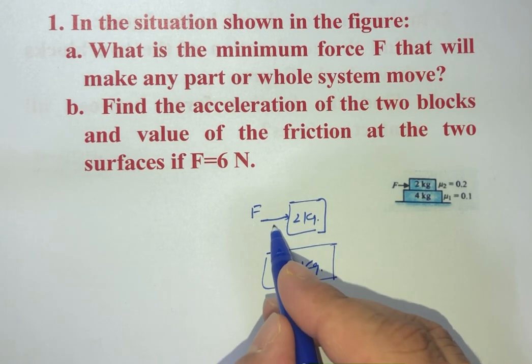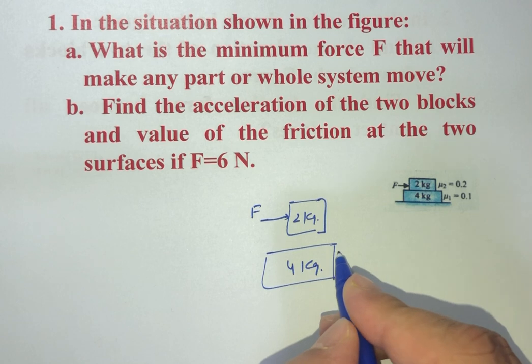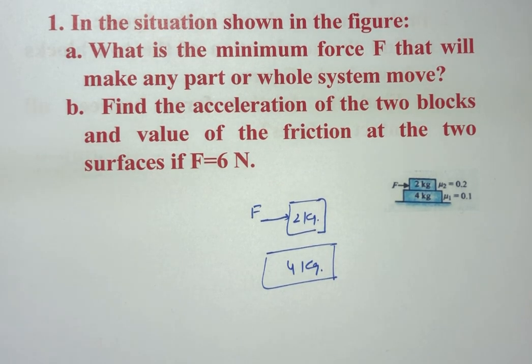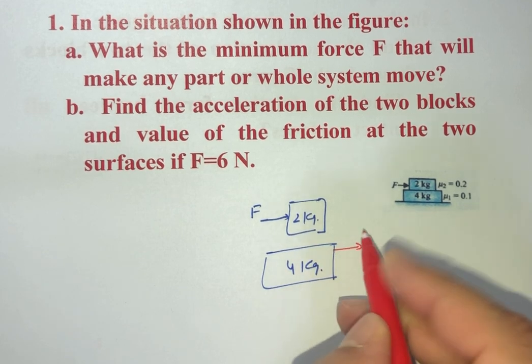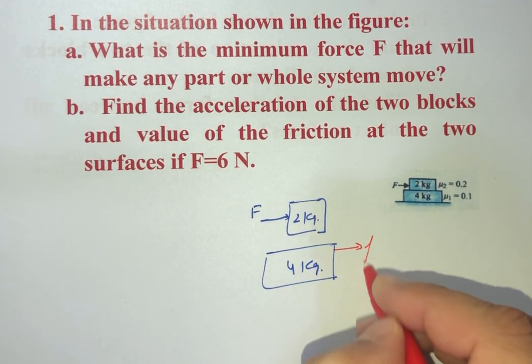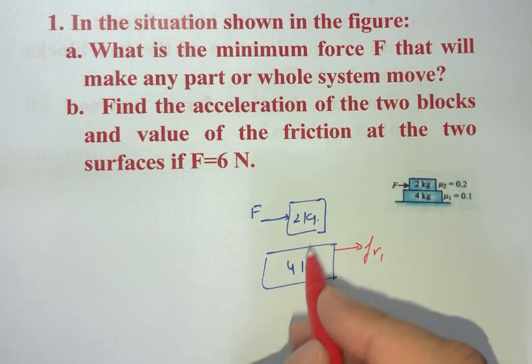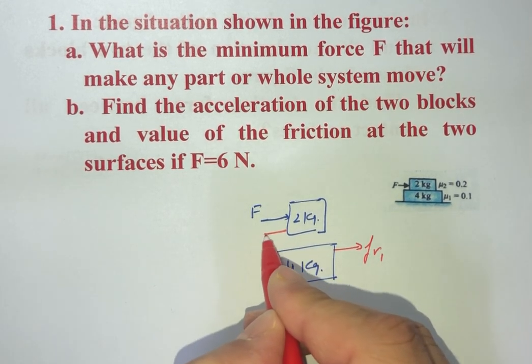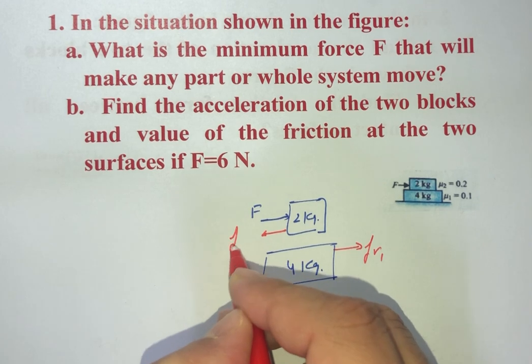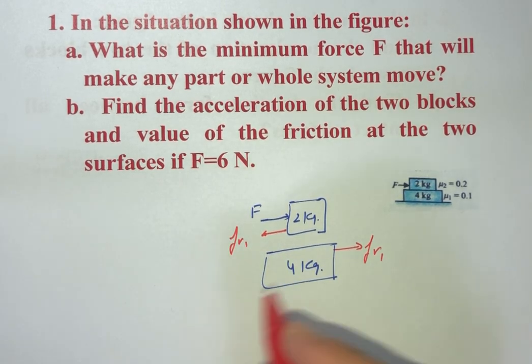So if force F is being applied on it, we are going to get a frictional force that is between 2 and 4 kg. Let us call this Fr1, which will try to move 4 kg to the right, and equal and opposite will be acting on 2 kg.